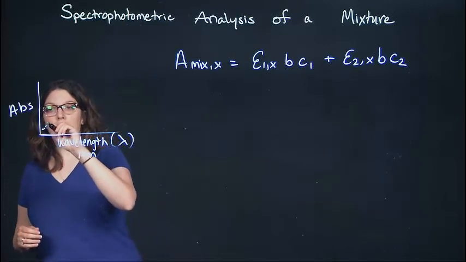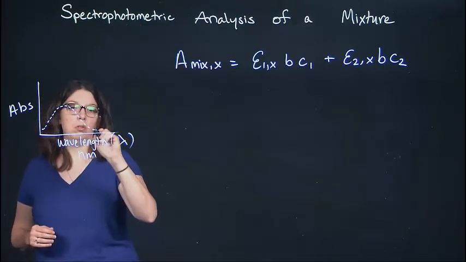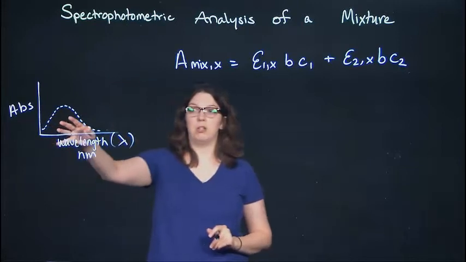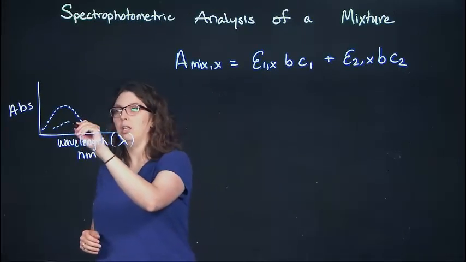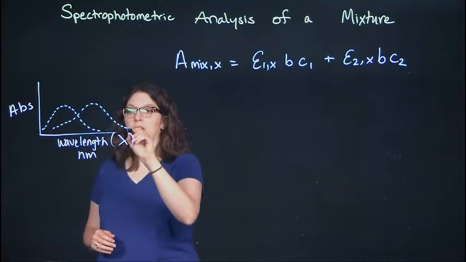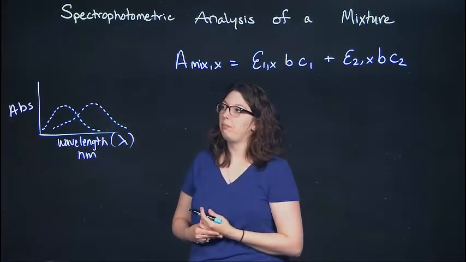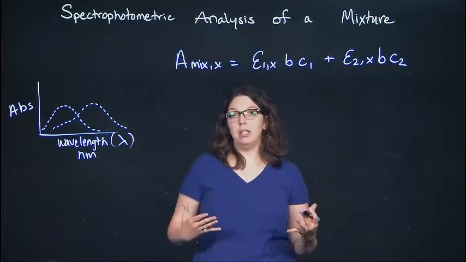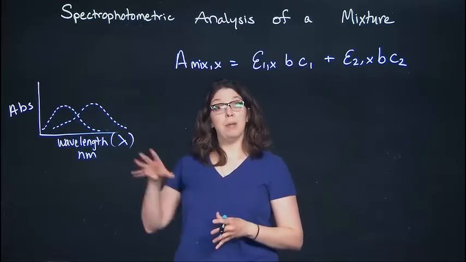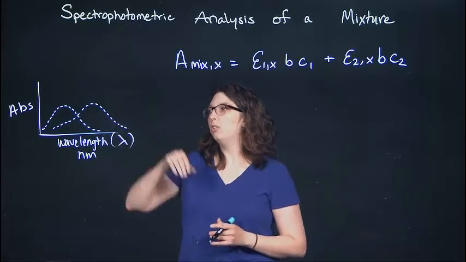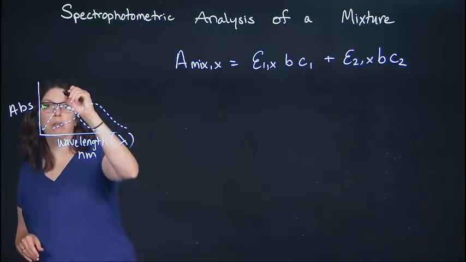So let's say we have a component with an absorption spectrum that looks like this, and a second component that has an absorption spectrum that looks like this. Typically, when we are determining the concentration of a substance based on its absorbance, we're using the maximum of that absorbance.